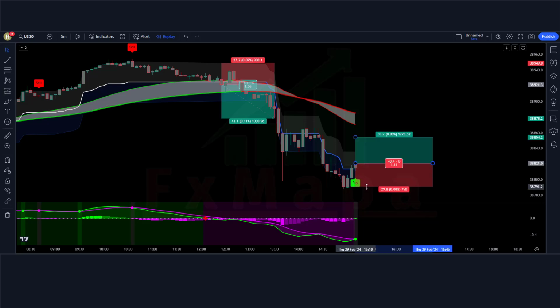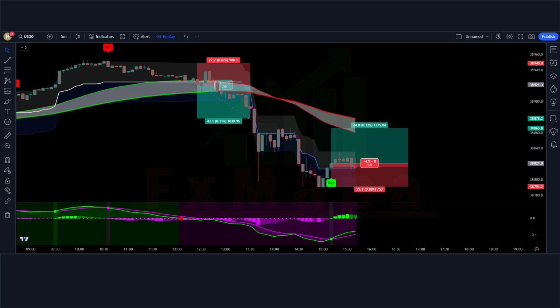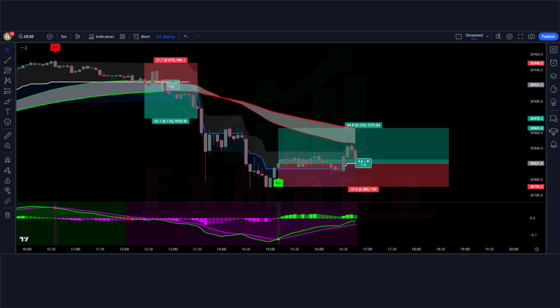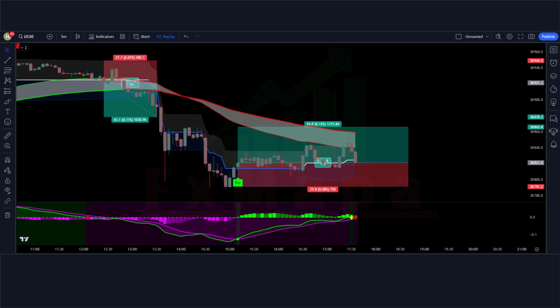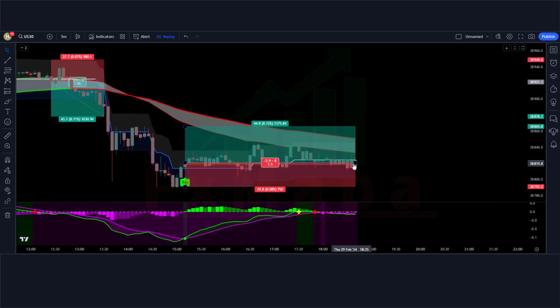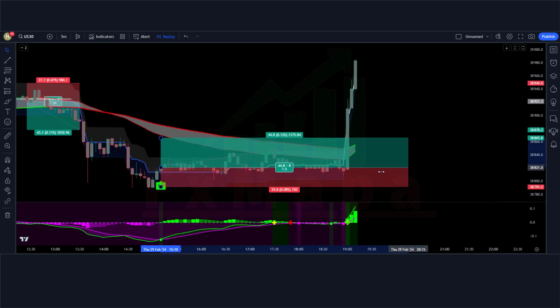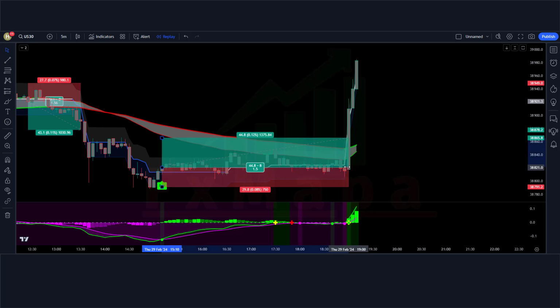Our stop loss will be placed at the range filter of lower level, and the risk to reward ratio will be 1:1.5. Let's see what happens to our trade. Our trade is running in profit. We have won the trade. Wait for the next signal.